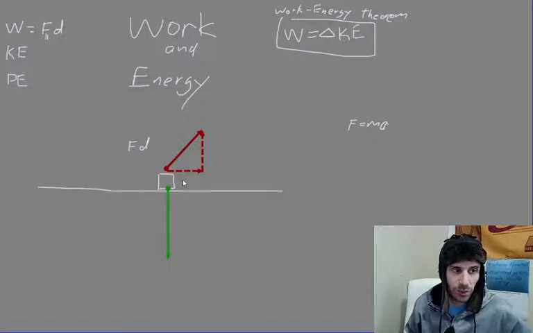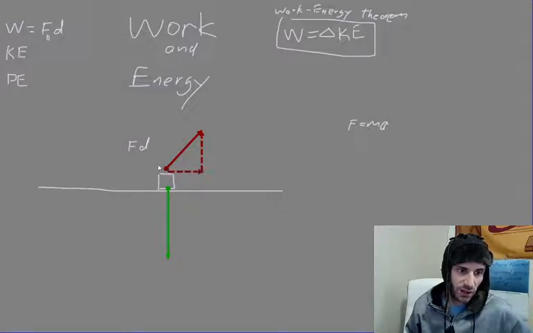And so is there work being done? I would say yes, because there is at least a component of the force that is parallel to the displacement. The displacement is left to right. So what you would do is figure out how much of the force is in this direction, and apply that force. You can pretty much ignore this, and take this force and apply it to the displacement.